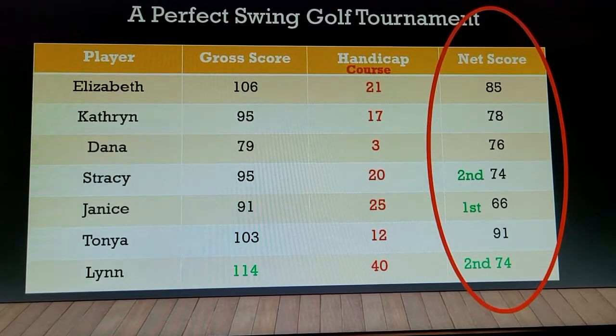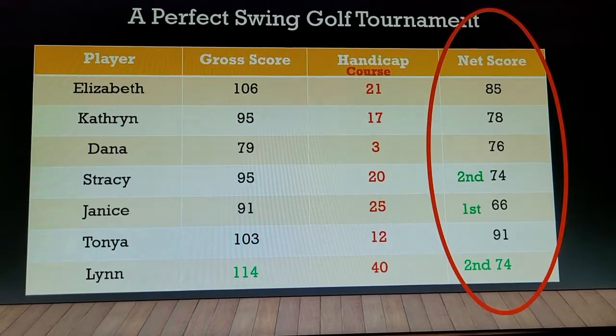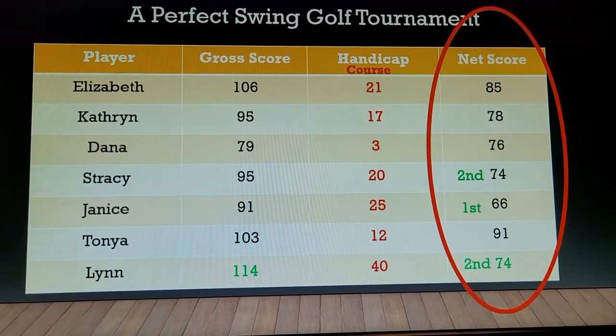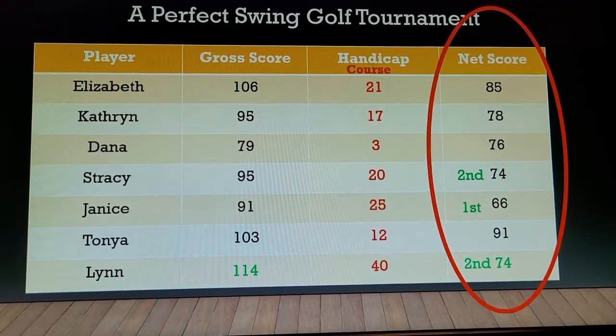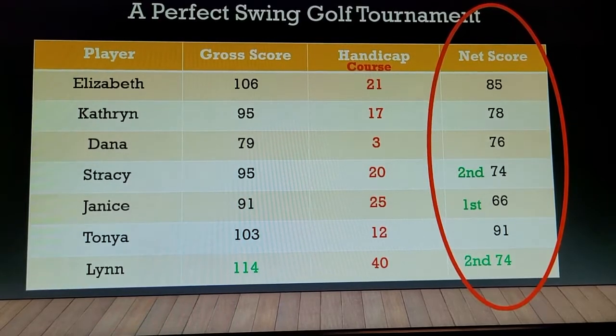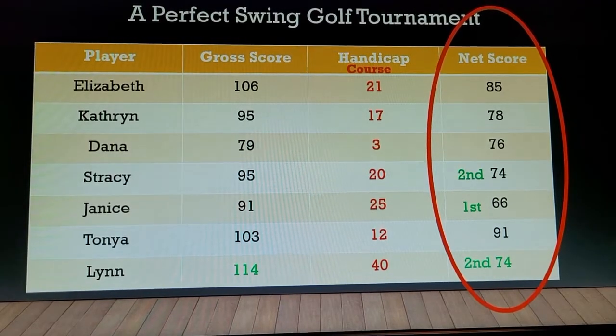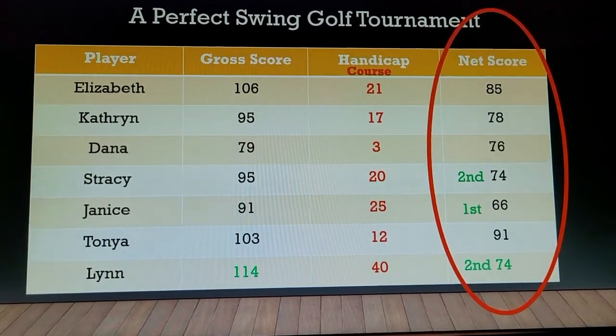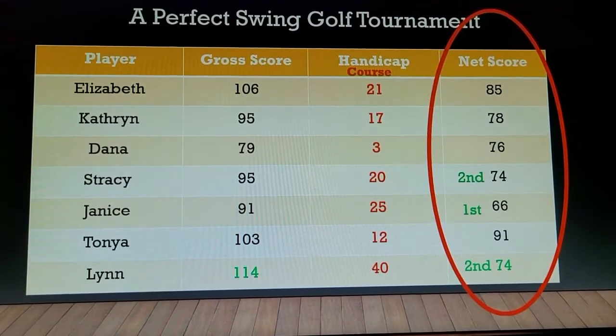So they're tied for second place. As you can see here, Lynn, utilizing her handicap, although she shot a 114, because she was allotted 40 strokes for her course handicap, she still has an opportunity to compete and place in an event that has low net scoring. So this is how your handicap levels the playing field.